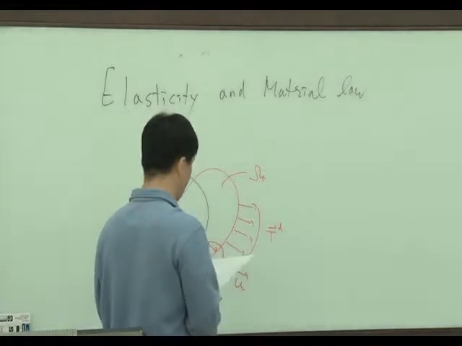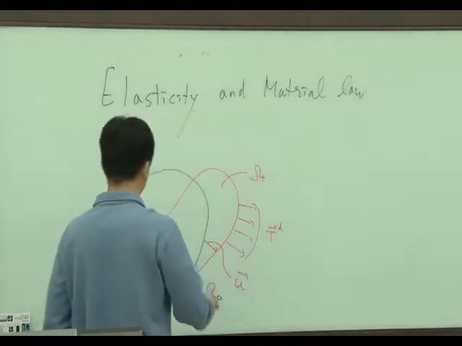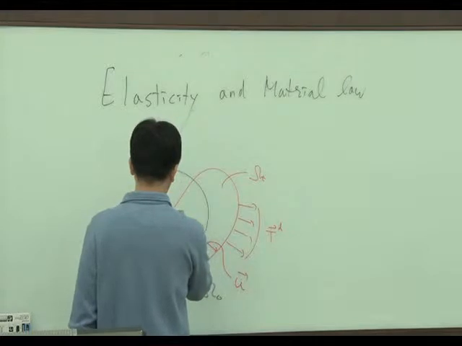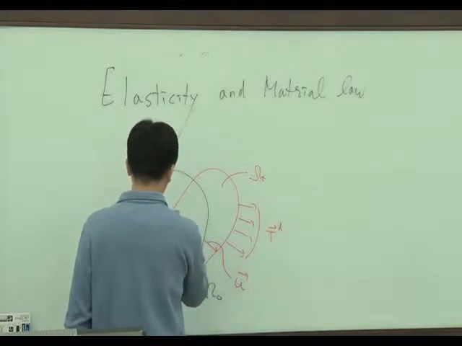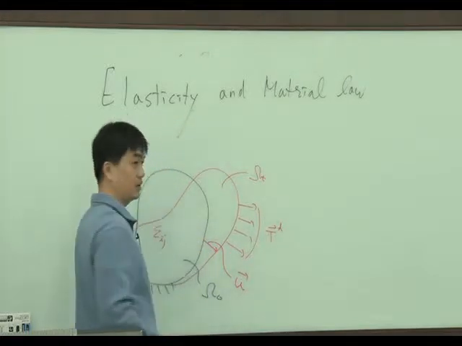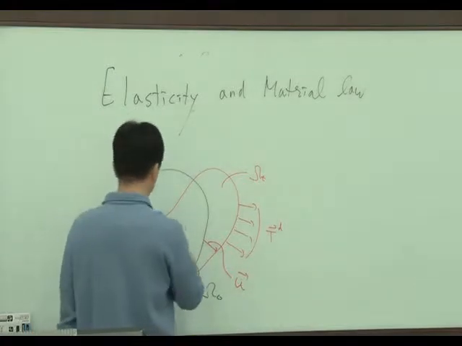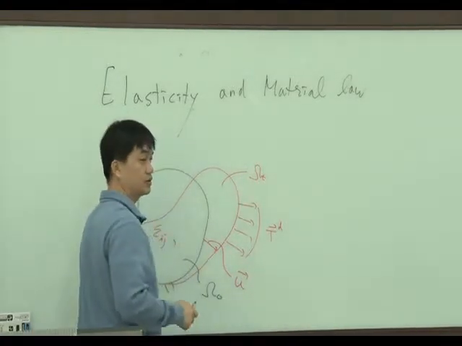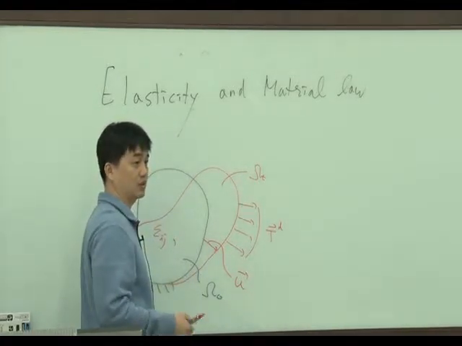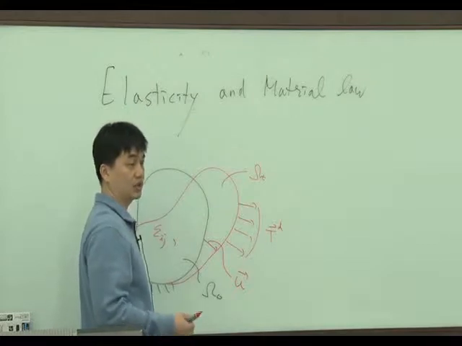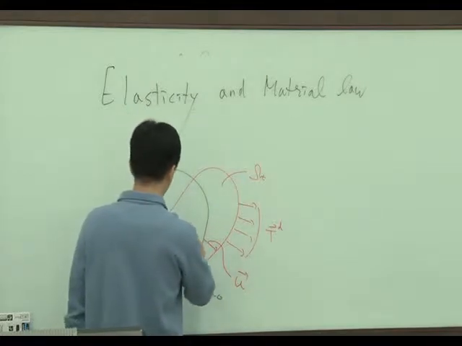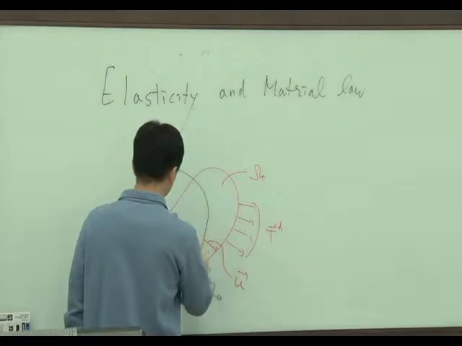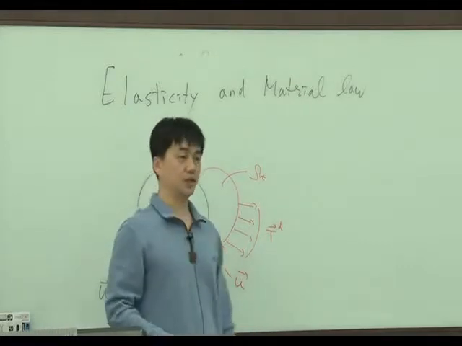And inside the body, we will have some strain, so strain ij. Also, to satisfy the momentum balance, I mean, to satisfy all the equilibrium, we need to have stress inside of the body, right?